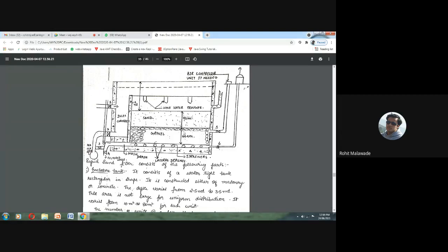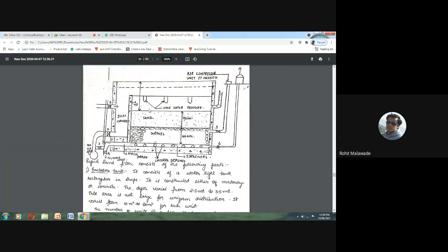When we pass water through under pressure, the very fine suspended particles that were arrested in the pores of this gravel layer will come out.